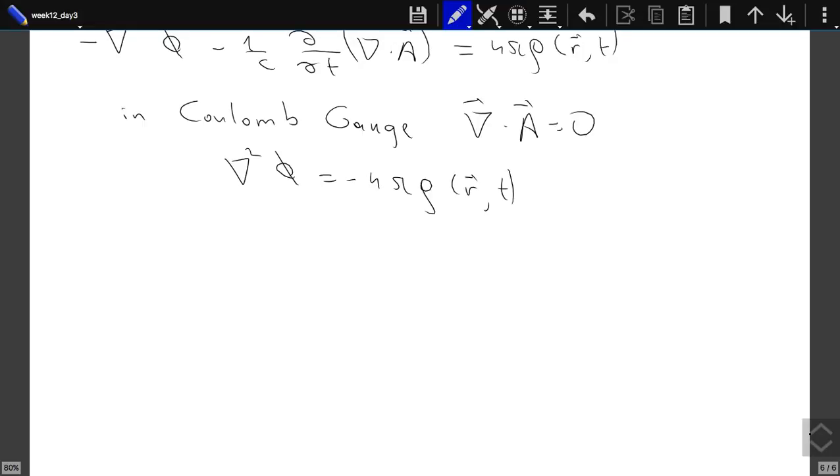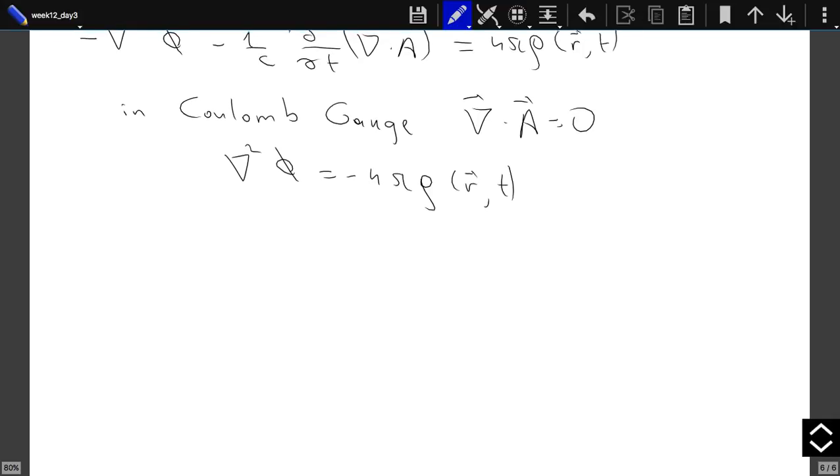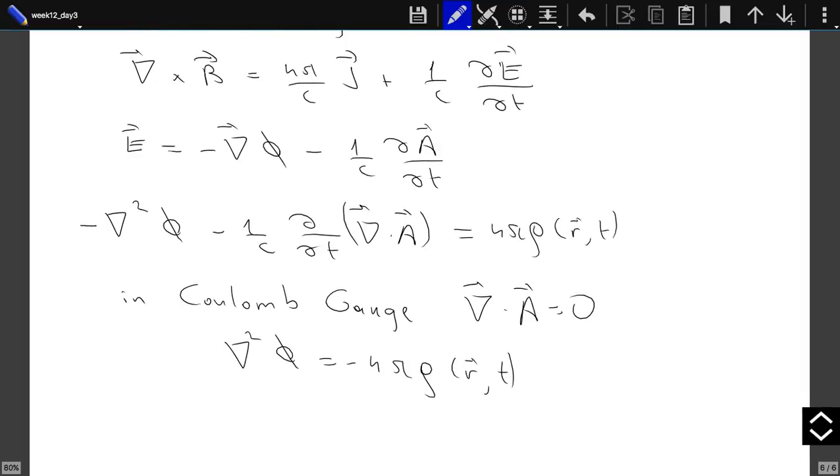Yes, it should propagate at a finite speed. But you see, what is it that you are measuring in the Andromeda galaxy? Can you measure the potential in the Andromeda galaxy? Or our friends in the Andromeda galaxy, can they measure the potential? They measure the electric field. We know that phi changes instantly. So if you look at the definition of E, the gradient of phi will probably change instantly.